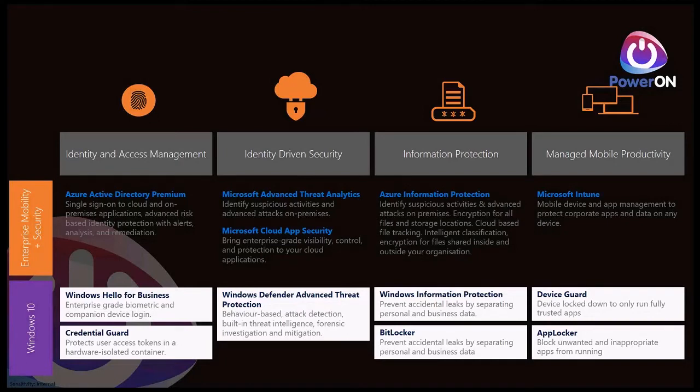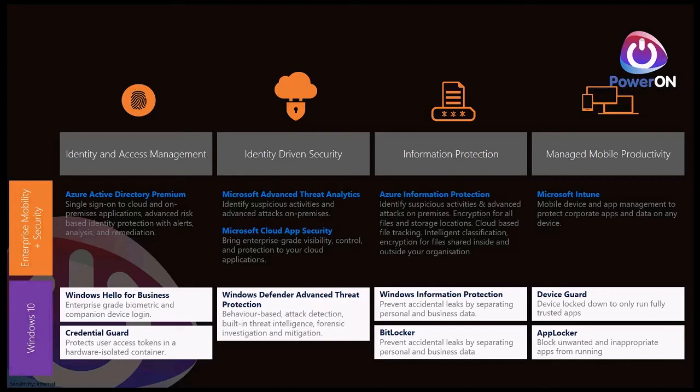Okay, slight extension of the slide I had earlier. So we've got Azure Active Directory, Advanced Threat Analytics, information protection, and threat protection. All of these can link in to what we are currently running on the device. The information we're getting on the device can be linked in with those to give us the extra protection.